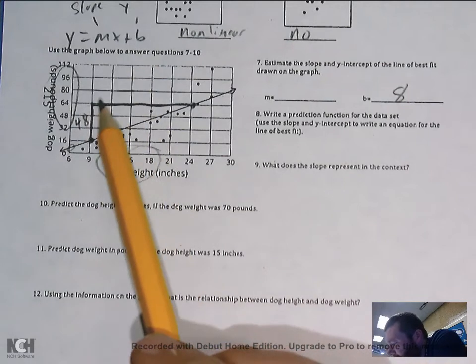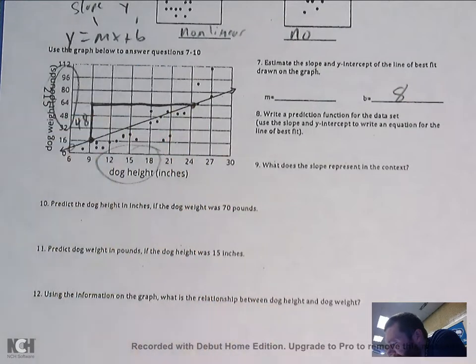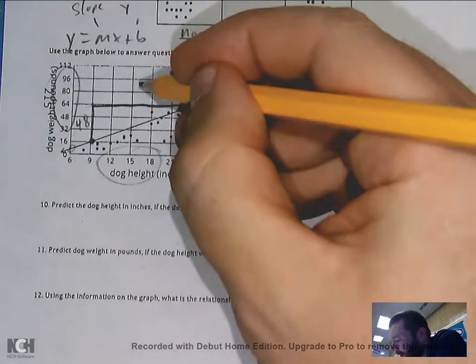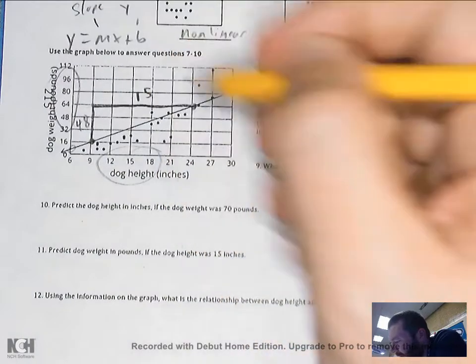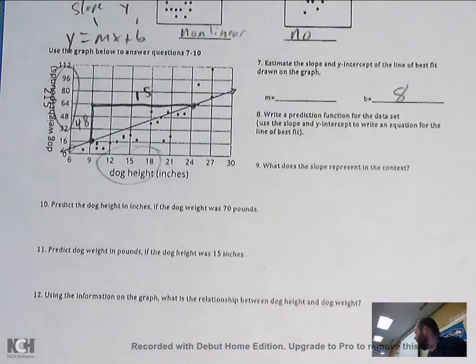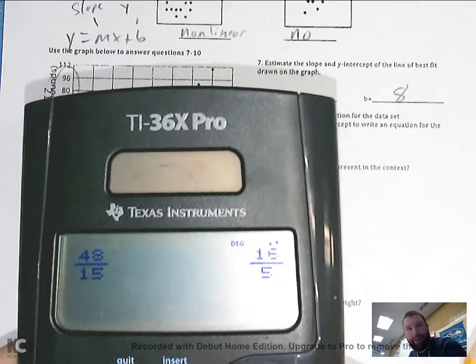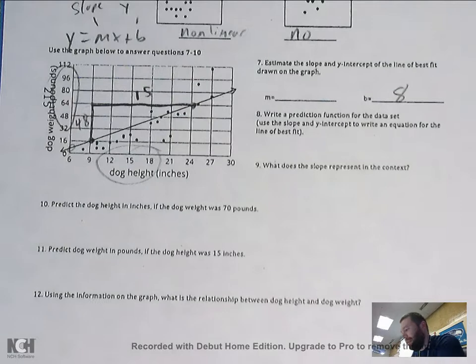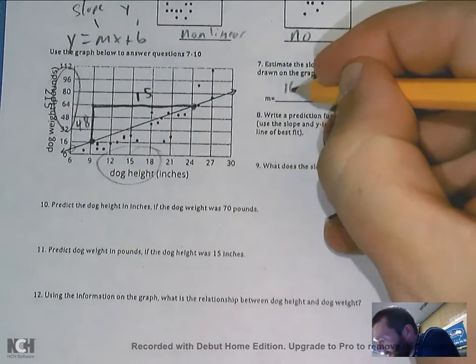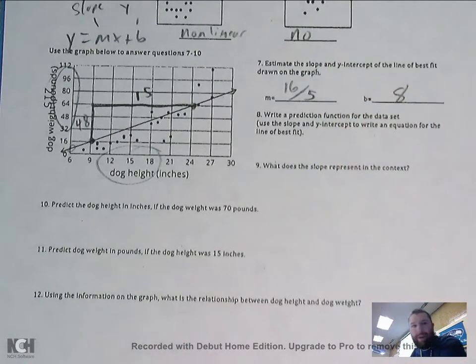Then I go over 1, 2, 3, 4, 5, and that's going by 3s, so that would be 15. So my slope would be 48 over 15, which simplifies to 16 over 5. Okay, so 16 over 5 would be my slope.